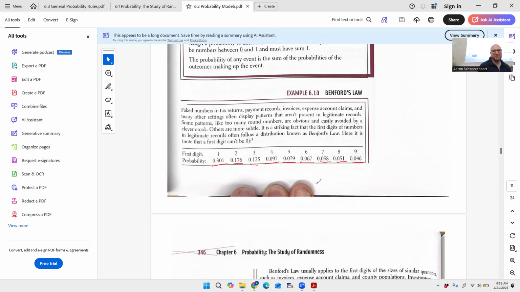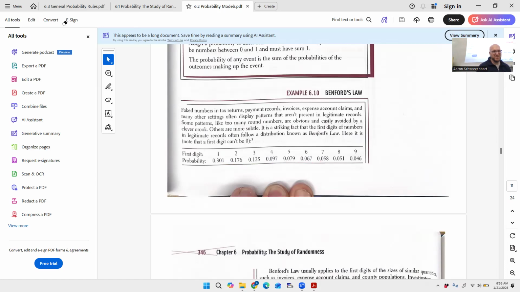You cannot determine somebody cooked their books because their data doesn't fit Benford's law, but it gives you a good indication if you're the IRS as to who to look into. Okay. Now, I think if you have somebody good cooking your books, they will be aware of Benford's law.